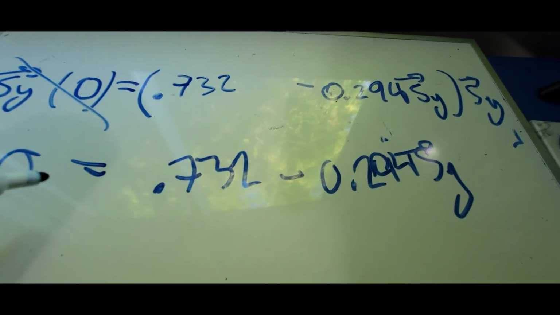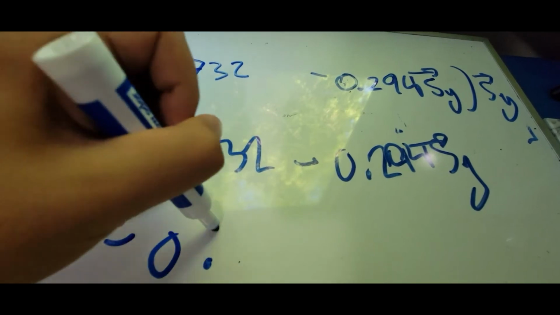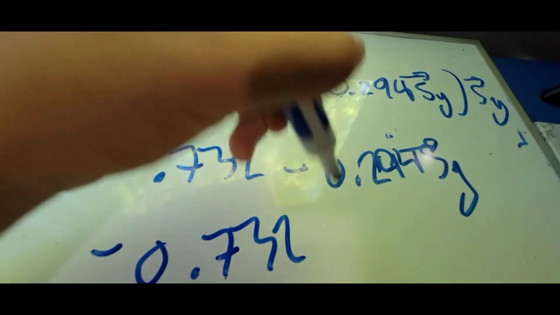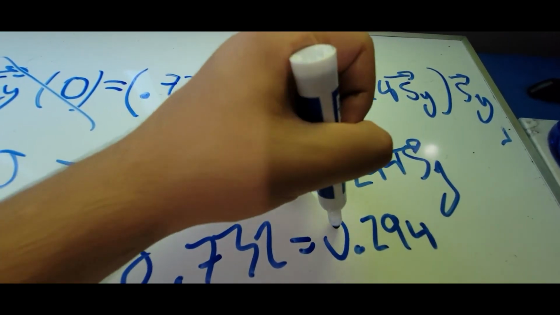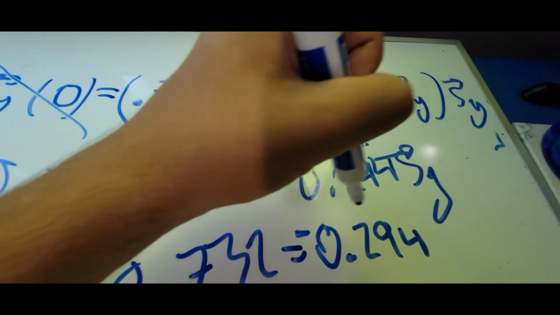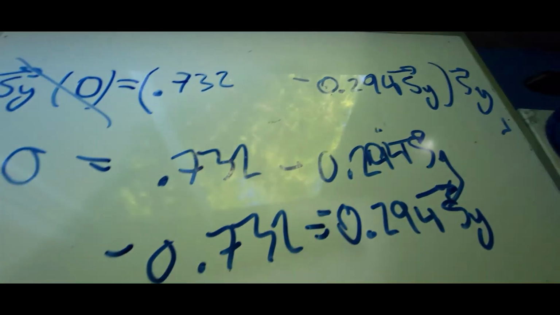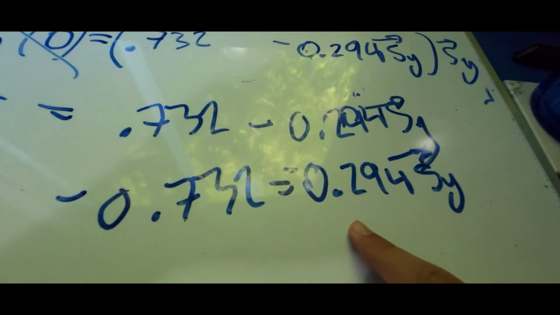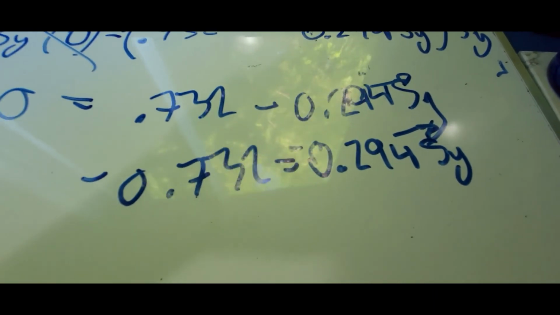So 0.732 minus 0.294 sy is equal to 0. We can move this to the other side, transpose it. So that will be negative 0.732 is equal to 0.294 times negative 1 sy. Now let's calculate this in our calculators by dividing this by this, leaving sy alone.